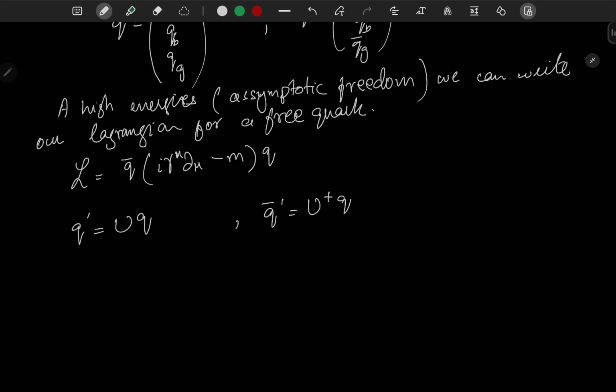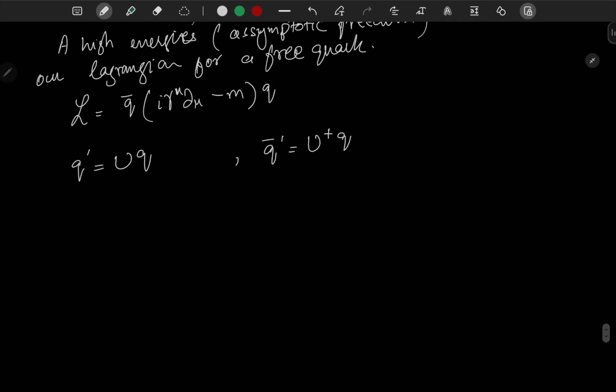Okay, so one thing to know is that there will be more than one thing, but in QED we were working with the U(1) group, U(1) phase transformations, and U(1) is commutative.